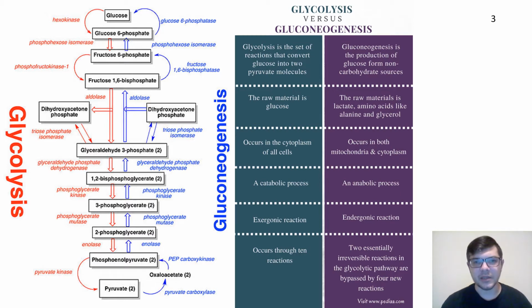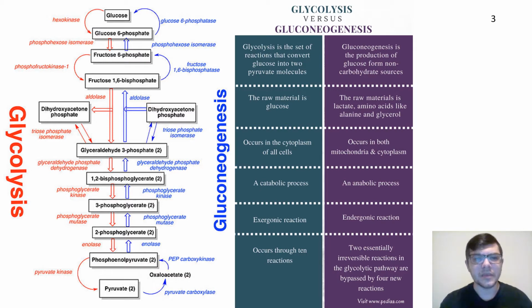And so the chart on the right, we can look at that and see exactly what those differences are. So the top part of the chart says glycolysis is the set of reactions that convert glucose into two pyruvate molecules. And if you look at the bottom of the picture on the left, you'll see that there's pyruvate with 2 in parentheses afterwards, meaning that it makes 2 pyruvates. Also, with gluconeogenesis, you start with 2 pyruvates.